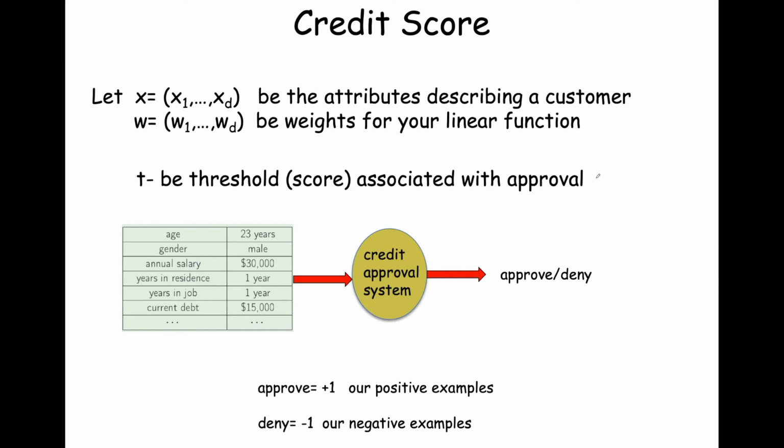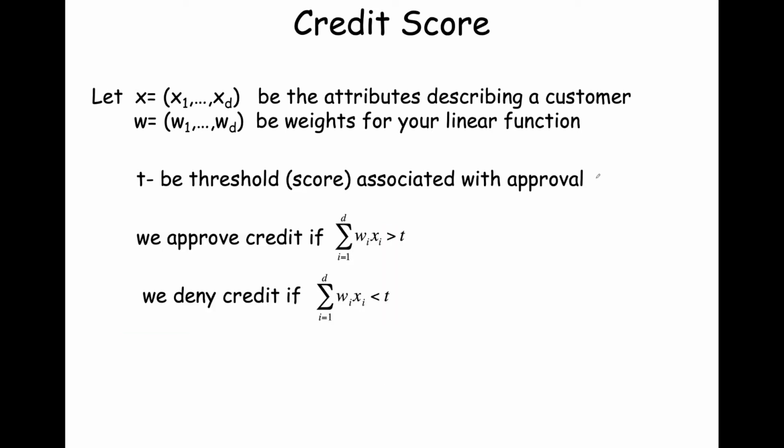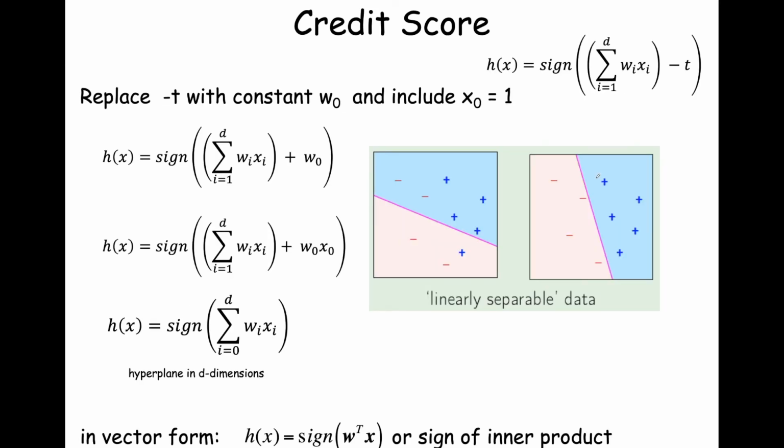And so we have our score, and that score was the threshold that determines whether or not the current linear weights, in weighted combination with the input vector attributes, exceed the score or do not exceed the score. And so we approve credit if the weighted sum exceeds the score. Otherwise, we deny credit. All right.